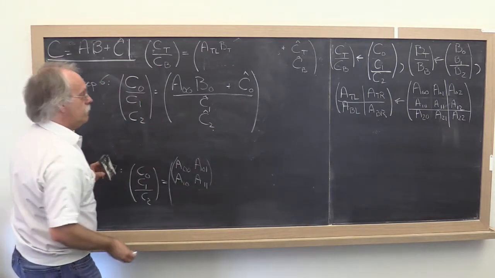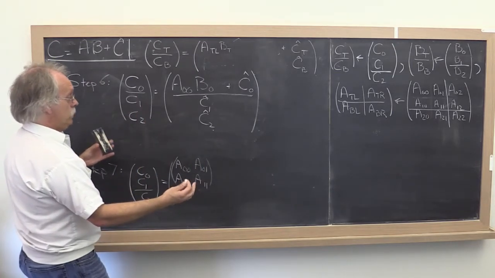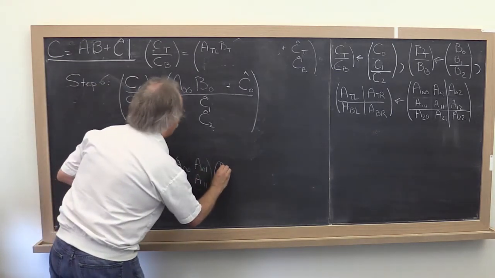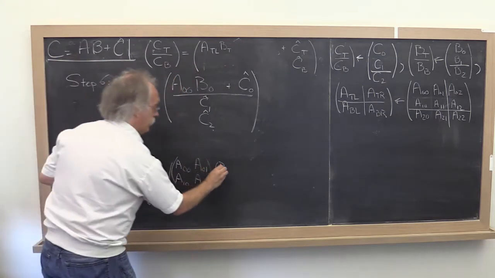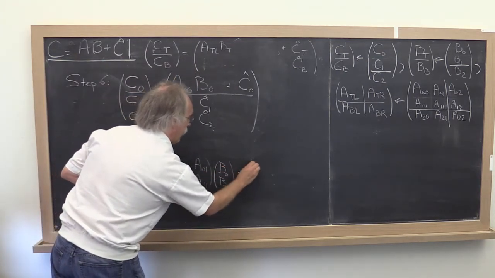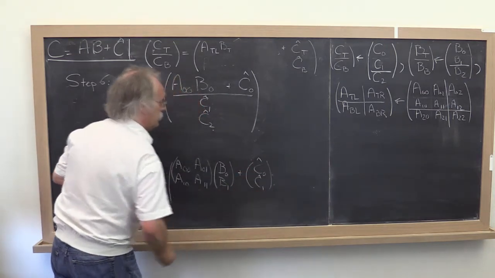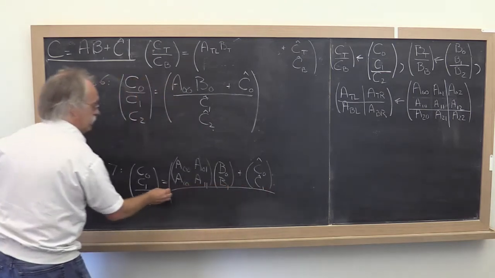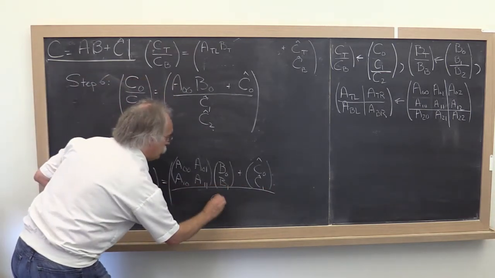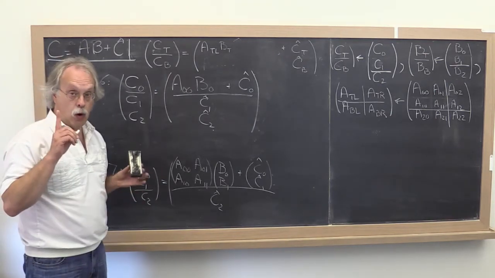We'll come back to that. B top is now B0, B1, added to C0 hat, C1 hat. And the rest of this is just C2 hat now.